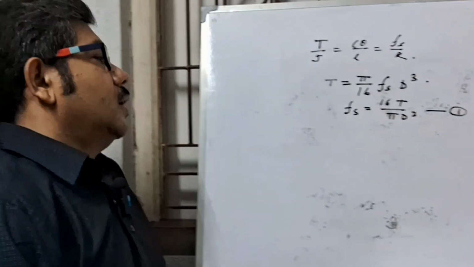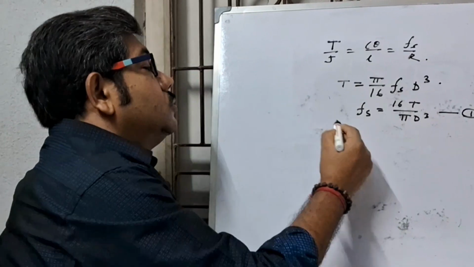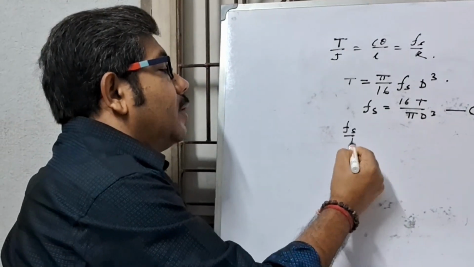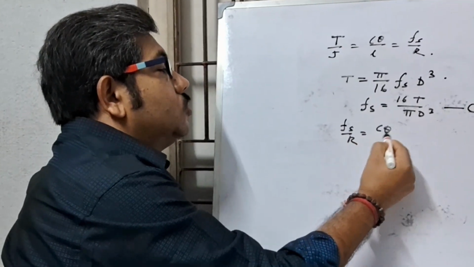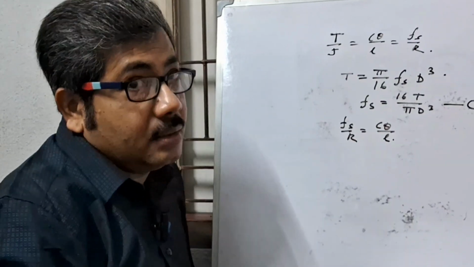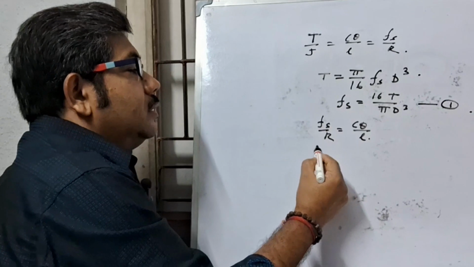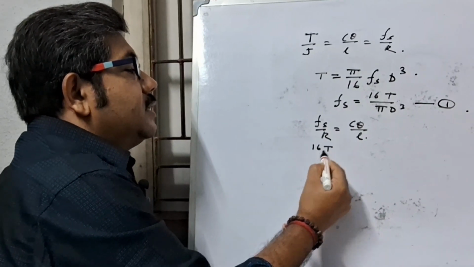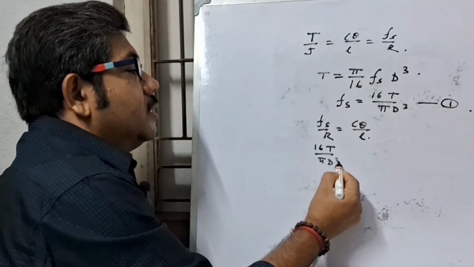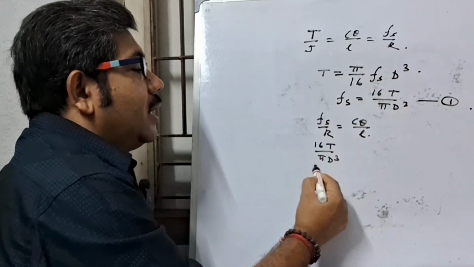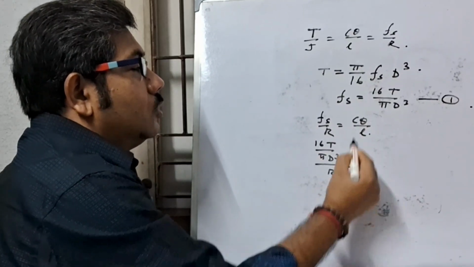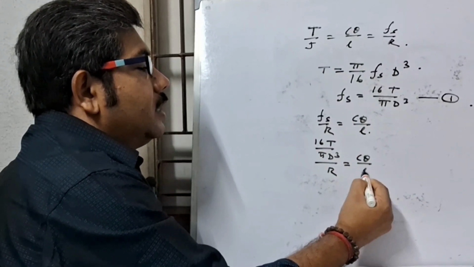And we also know Fs by R equals C theta by L. Now putting the value of Fs from equation 1, 16T by pi d cubed by R equals C theta by L.